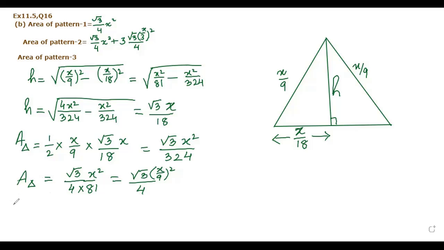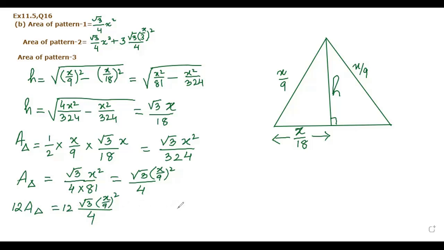So the area of 12 black equilateral triangles will be equal to 12 times root 3 x upon 9 whole square upon 4. So this is the total area of all black equilateral triangles.